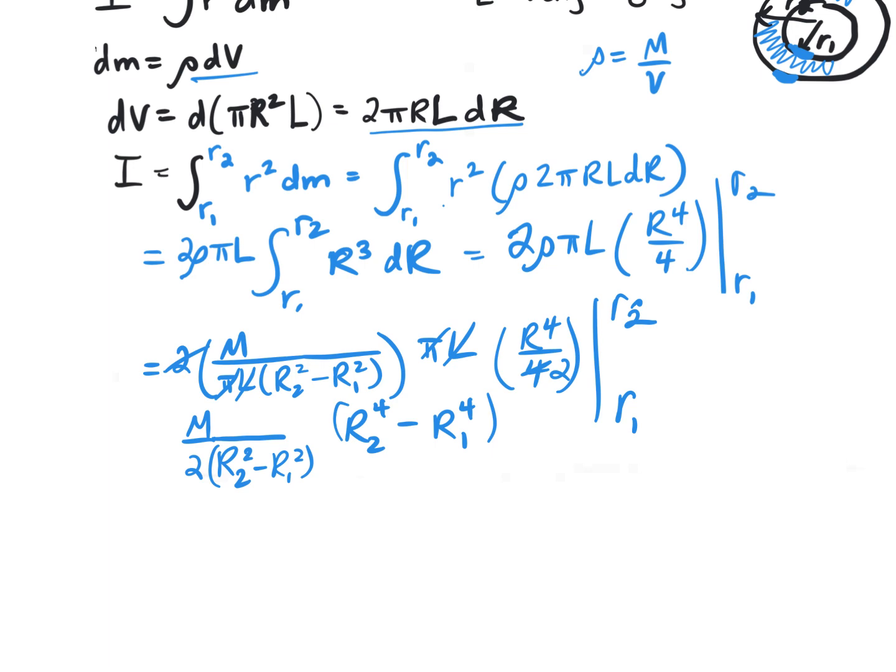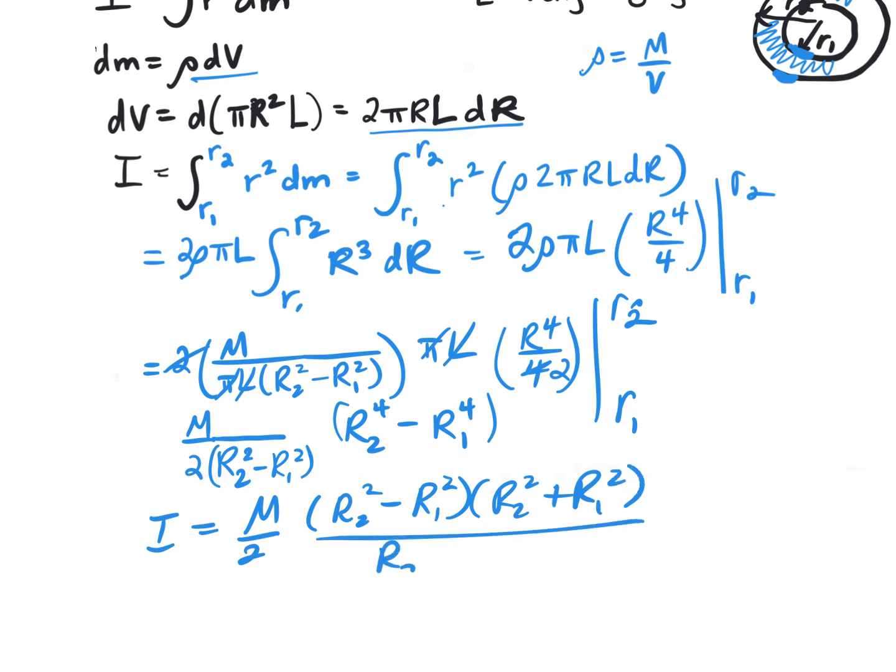Well, I would kind of hope that you would see that. What is the difference of 2 squares? A squared minus b squared is what? A minus b times a plus b. So, if you see where I'm going with this, the inertia now is m over 2, r sub 2 squared minus r sub 1 squared times r sub 2 squared plus r sub 1 squared, all over this right here became this.